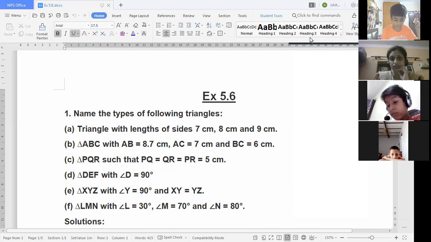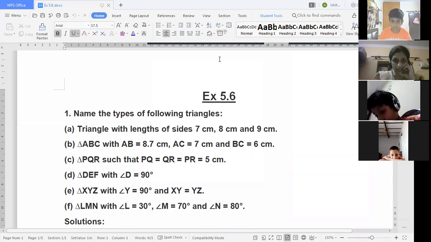Yes, right angle triangle. Absolutely right. Yes, Aditya, you are absolutely right. Right angle triangle. Shubh, read the next part.